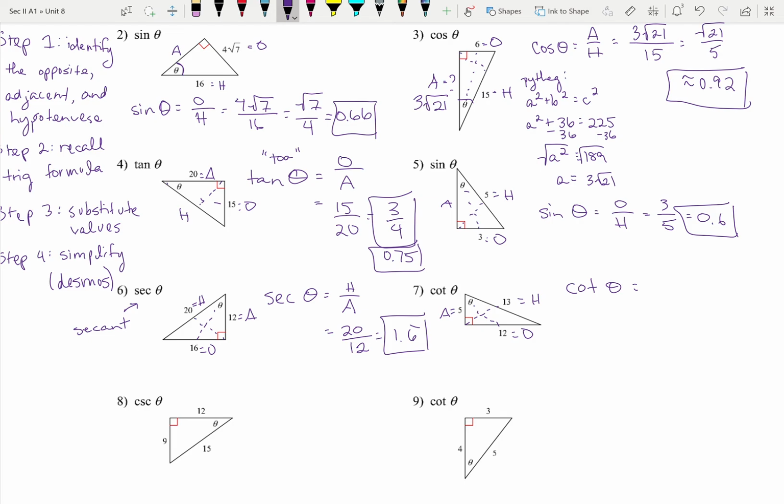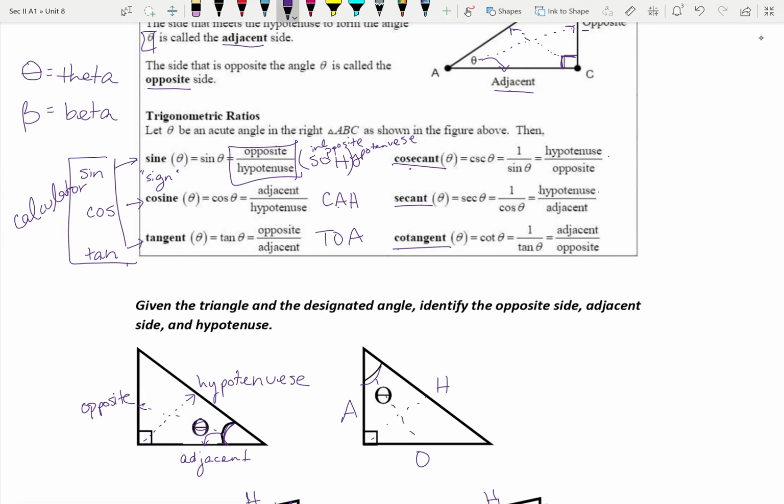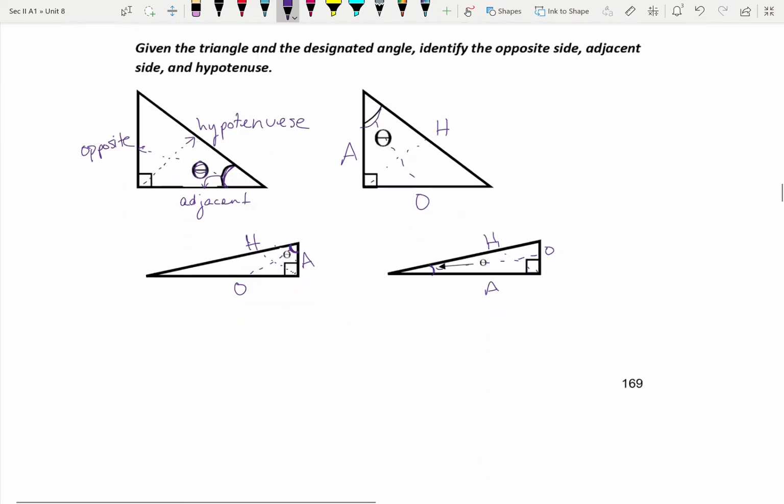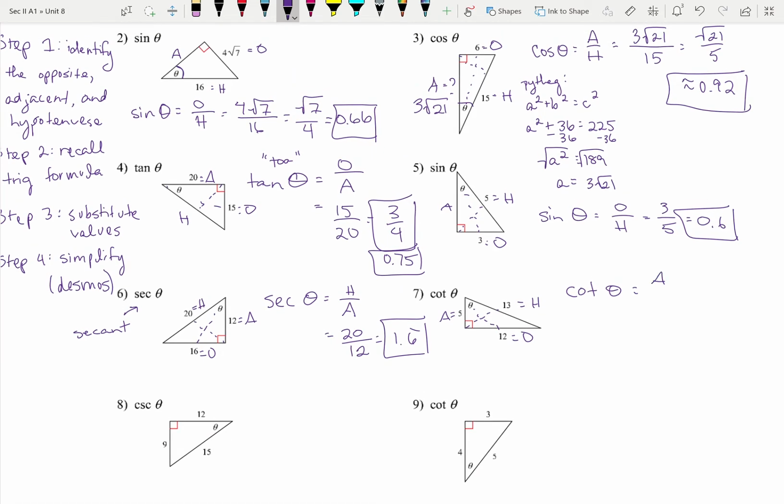Cotangent, okay, got to scroll back up here, check it. Cotangent is adjacent over opposite. So A is 5, opposite is 12. So you've got 5/12 or 0.416 repeating.